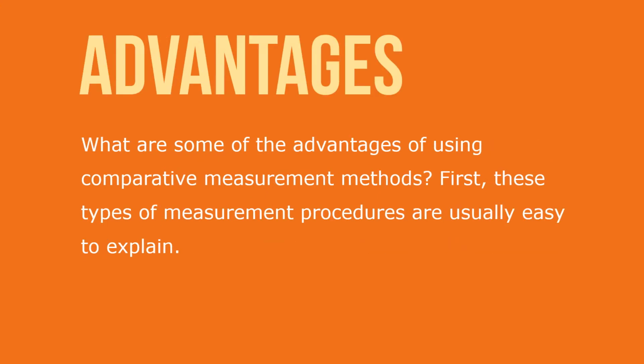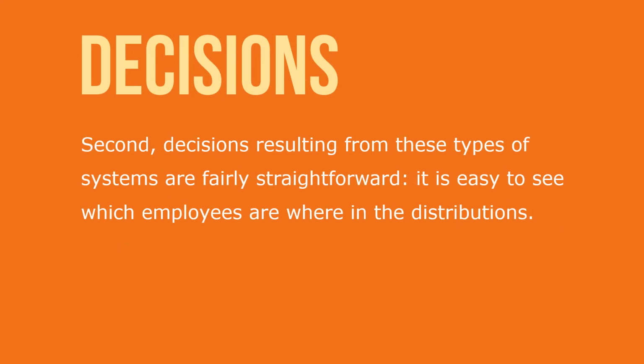What are some advantages of using comparative measurement methods? First, these types of measurement procedures are usually easy to explain. Second, decisions resulting from these types of systems are fairly straightforward. It's easy to see which employees were in which distribution.